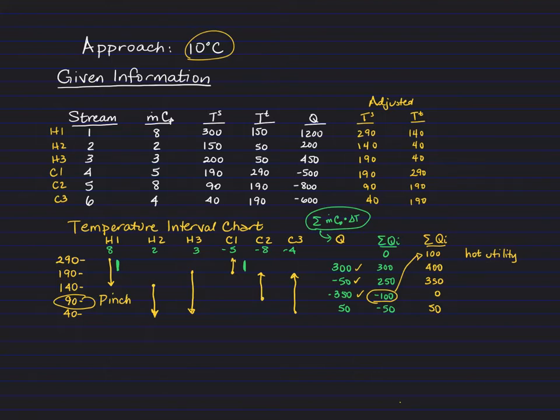And next what I want to do is look at the pinch analysis. So I'm going to separate this out into hot side and cold side. Okay, so we've identified the pinch to be 90 degrees C. Now that's for the cold streams.